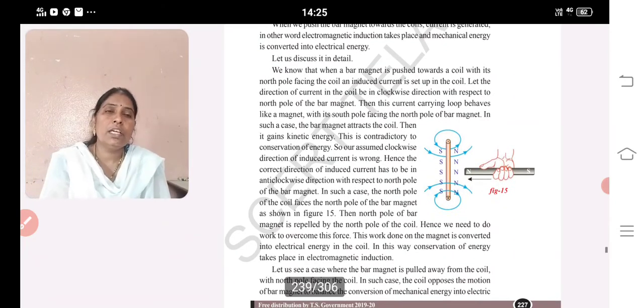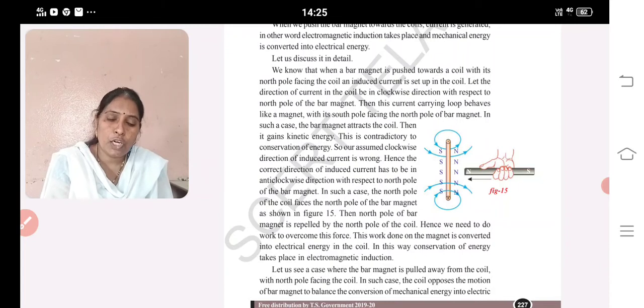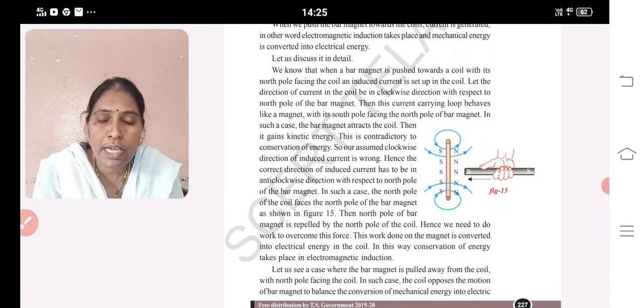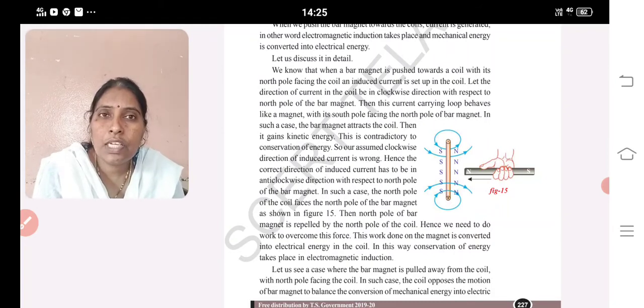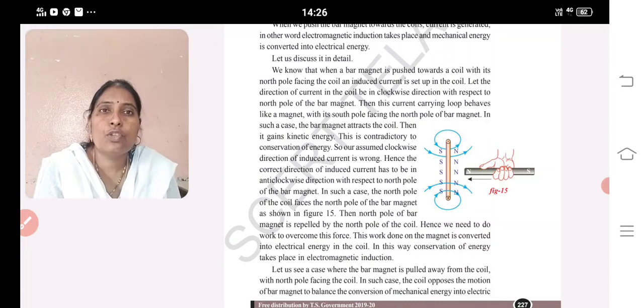Faraday gave the law that induced EMF, electromotive force, and induced current are produced due to change in flux. The rate of change of flux is equal to the induced EMF. Flux is nothing but magnetic lines of force passing per unit area, and per unit time gives the magnetic flux rate.